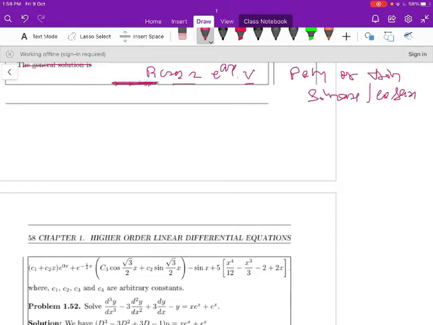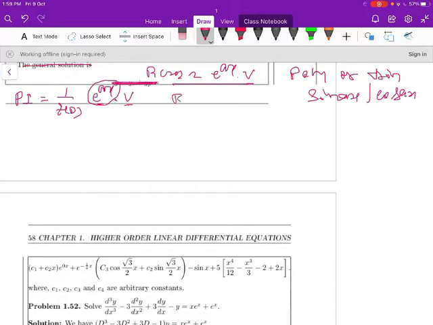Now let us move to the particular integral when r of x equal to e power ax into v. So here PI is equal to 1 by f of D into e power ax into v. E power ax is compulsory. V may be either a polynomial or trigonometric function, that is either sin x or cos x. So now we have to opt for the exponential function.